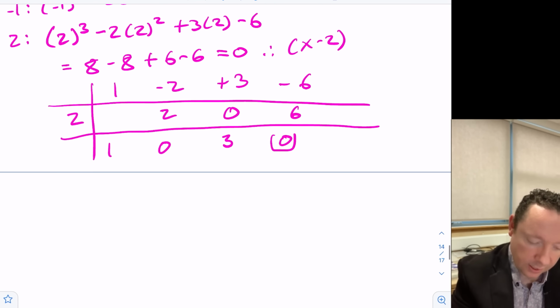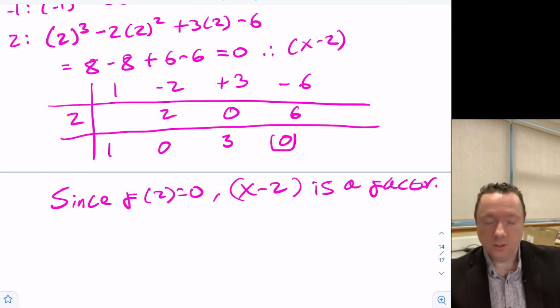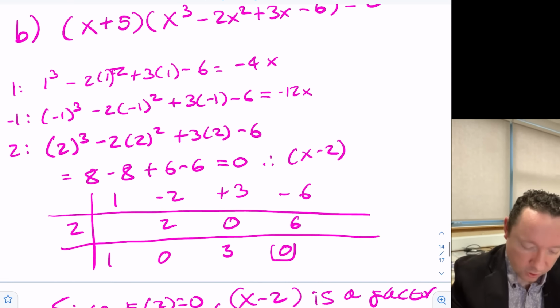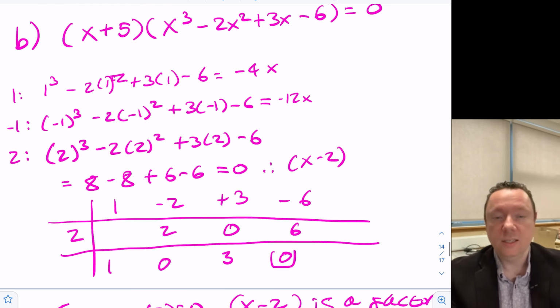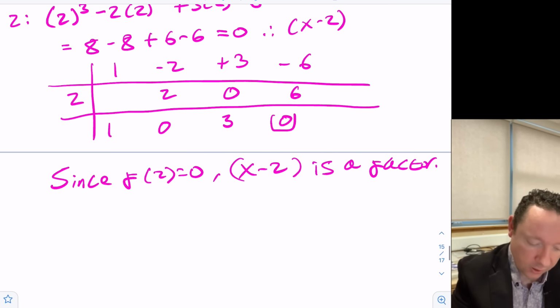So since f of 2 equals 0, x minus 2 is a factor, or since the remainder is 0. At this stage, you don't have to show that it's a factor, so you don't really need the statement, but just to be on the safe side. So we've got x plus 5 still, and then x minus 2.